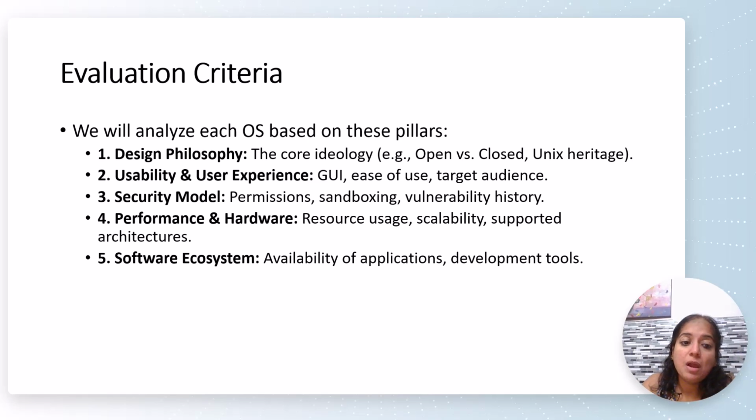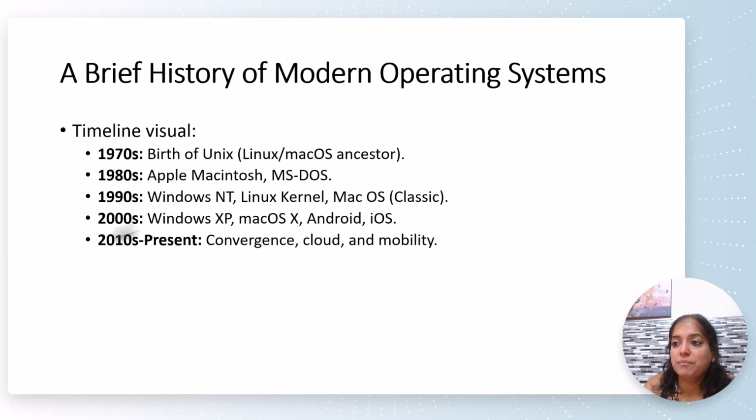Usability examines human computer interaction, and security looks at the mechanisms in place to protect the system. Performance considers resource efficiency, and the software ecosystem is about the applications and tools available. So keep these criteria in mind as we go through each operating system.